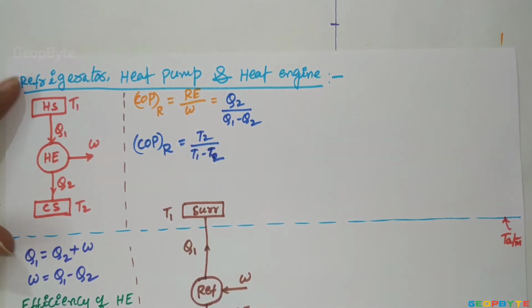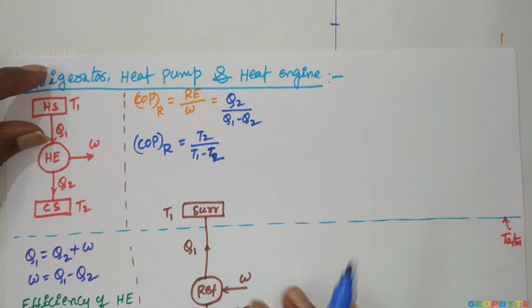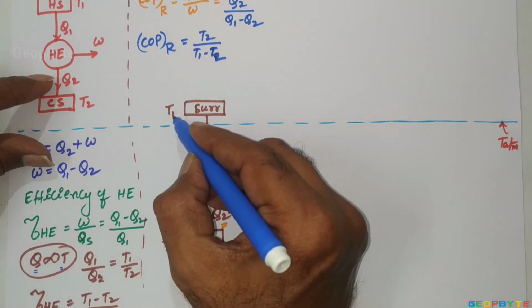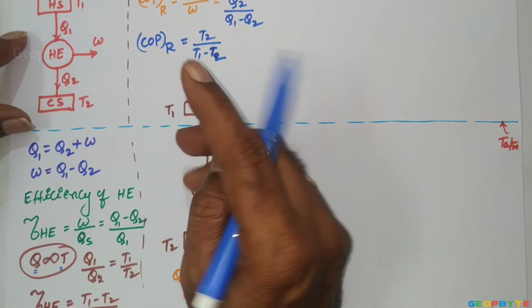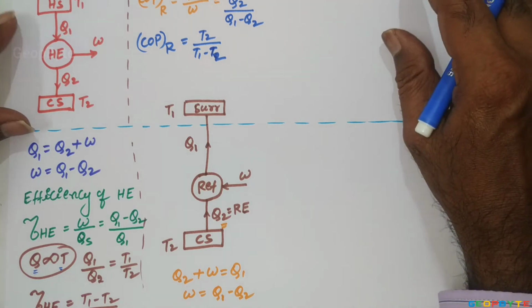That is the formula to find the COP of the refrigerator, where T2 is the lowest absolute temperature and T1 is the highest absolute temperature. That is about the COP of the refrigerator.